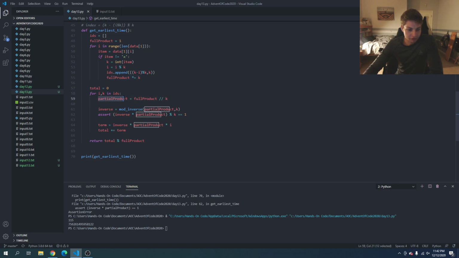And then our partial product sub i is equal to the full product divided by our ID. Then we find the modular inverse, and then we already have the index mod k. So just multiply those all together and then add it to the total sum and return that mod the total product because it's between 0 and n, and that's our answer.